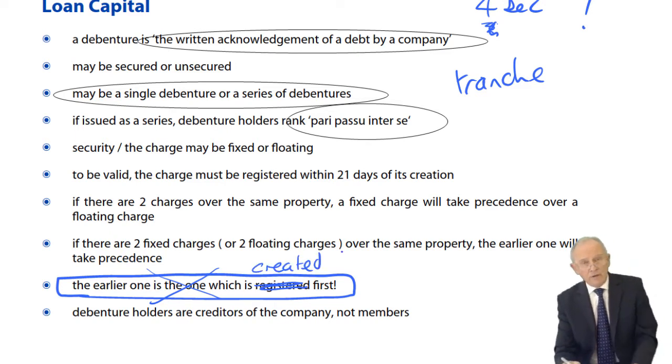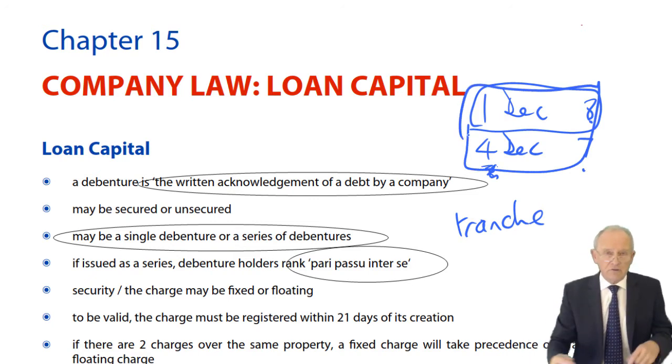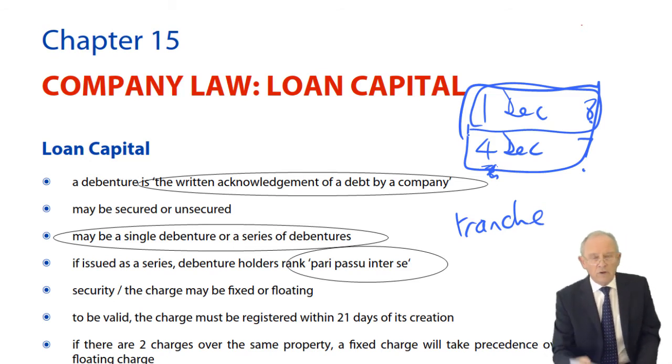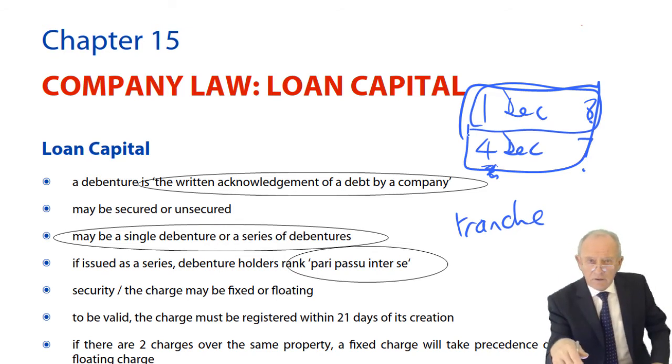first. I find this immensely unfair, because if we have this situation where you create a charge on the 1st and register it next week, and somebody later comes along and creates it on the day after or 2 days later and registers it straight away, they have priority?